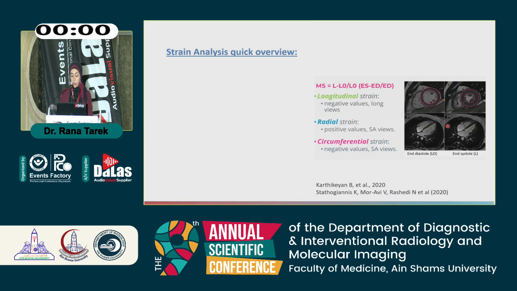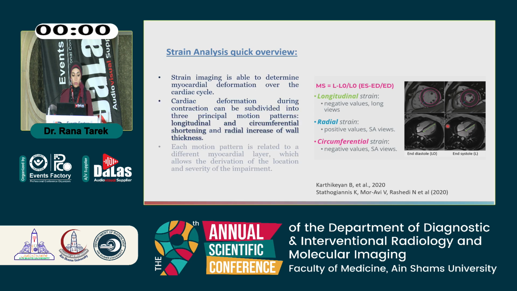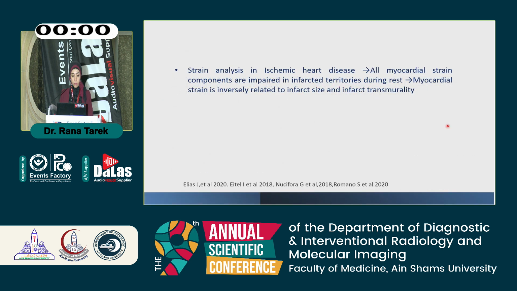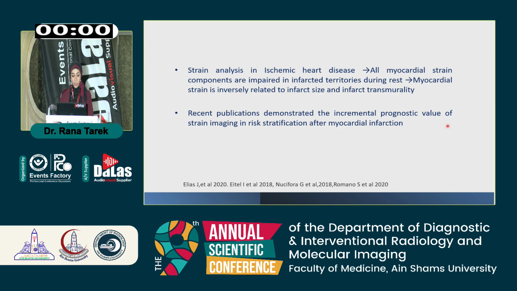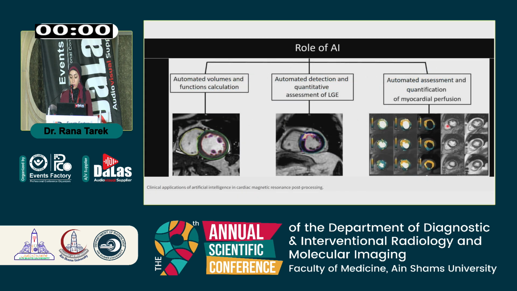And it depends on the longitudinal, radial, and circumferential strain. Definitely in the myocardial ischemic segments, the longitudinal strain will be affected. And recent publications have demonstrated the incremental prognostic value of strain imaging in risk stratification.